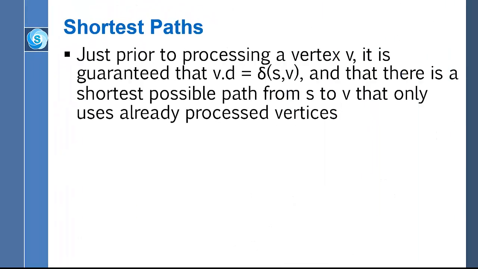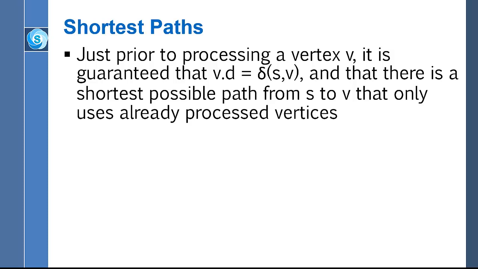And here's a very critical observation, something that certainly should be proved, but we won't prove it. It's a very basic, important fact about Dijkstra's algorithm, which involves this notion of discovering vertices and also processing vertices.